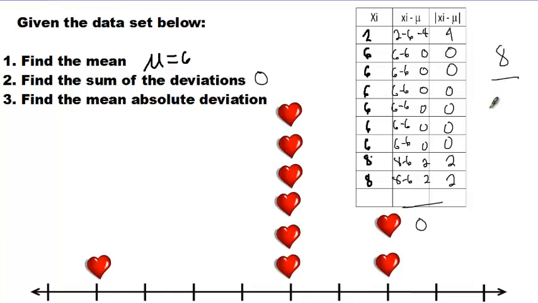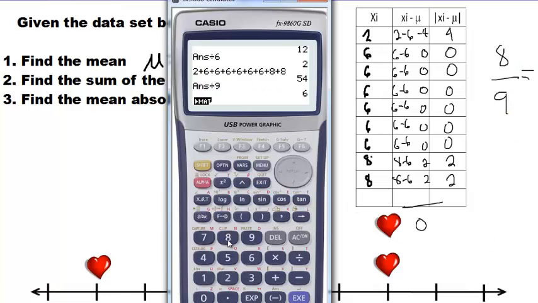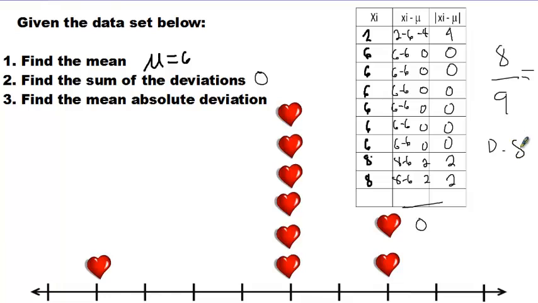Get the average. So 8 divided by 9 is equal to 0.89. So 0.89 is our mean absolute deviation.